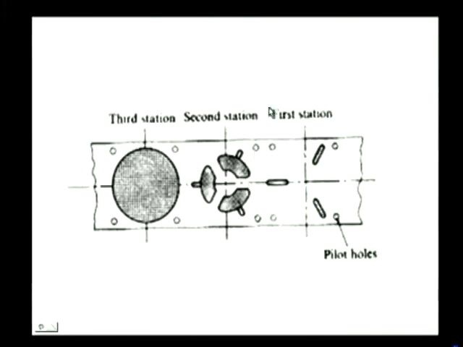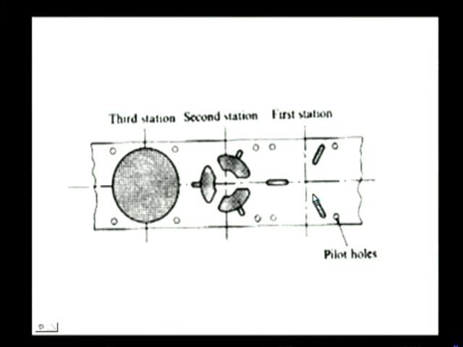And as the ram moves upwards, again the stock is moved exactly by a perfect distance, so that it is positioned correctly for the third operation. Of course, all these three operations at first station, second station, third station will be carried out simultaneously. As a result, finally the component is blanked out at the third station, which can be collected from the bottom of the die, of exact shape and size.